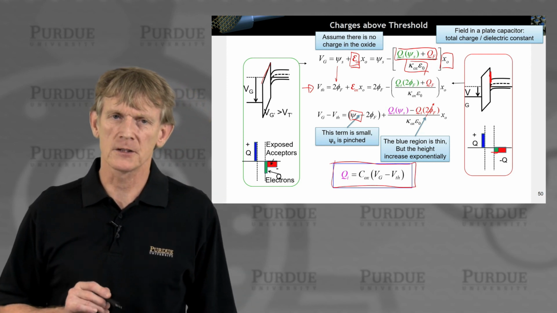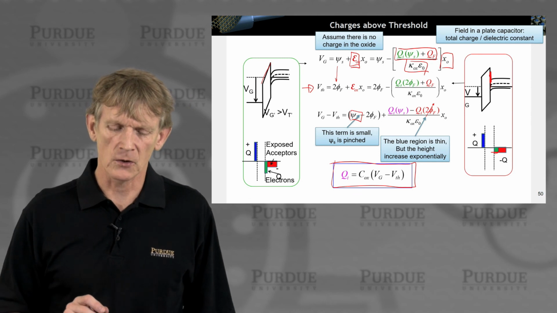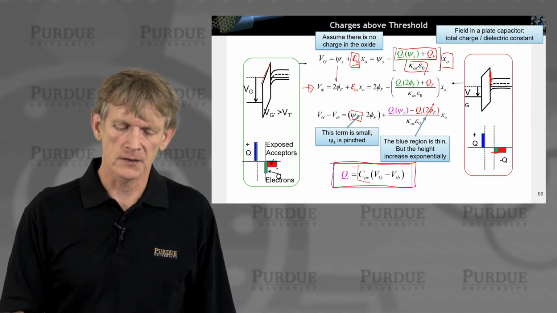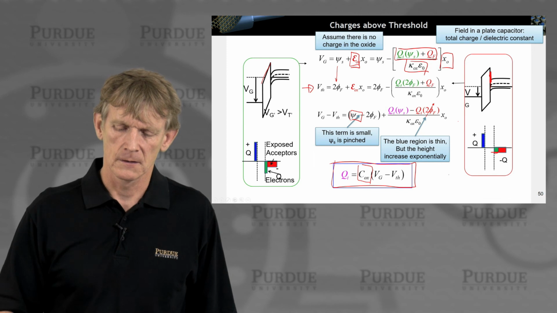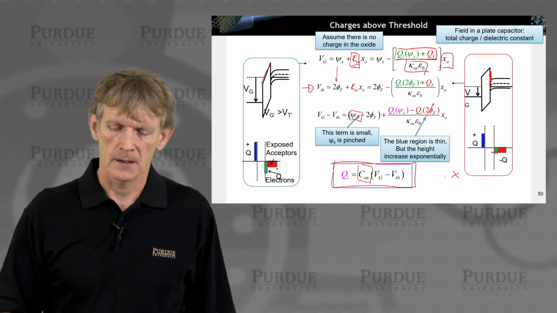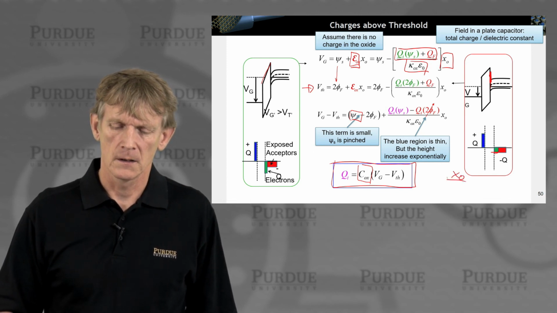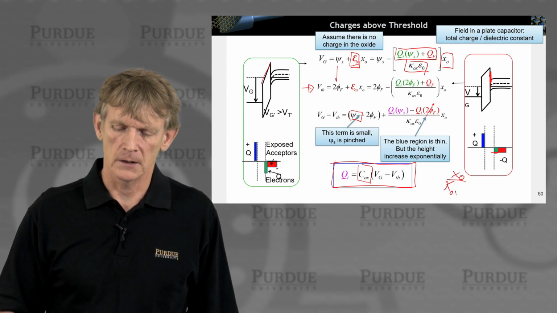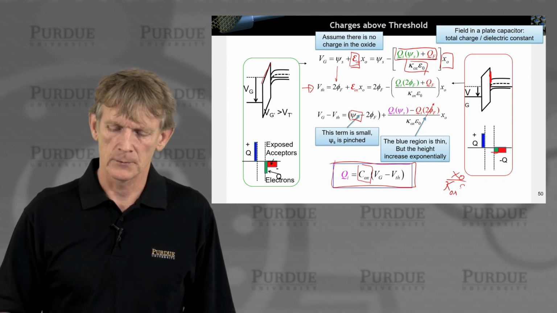where the inversion charge is now just dropping off over the oxide capacitance, which is just x0 over kappa OX epsilon 0.